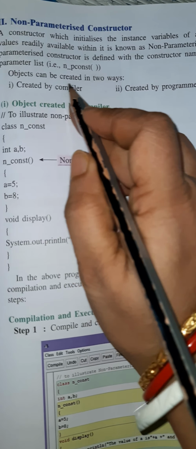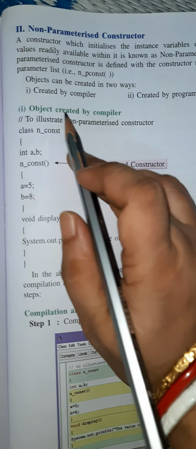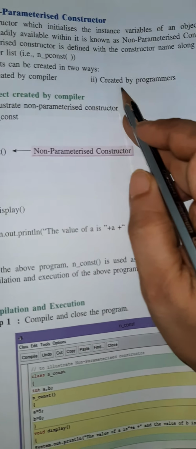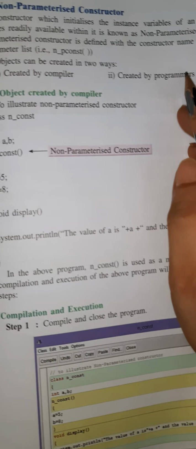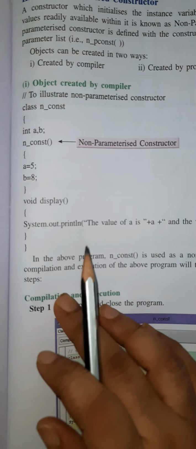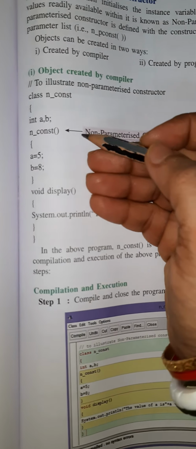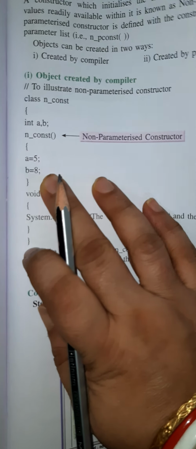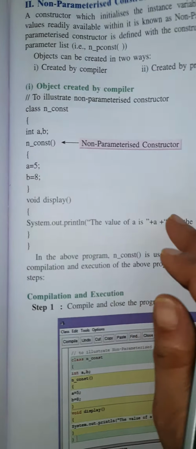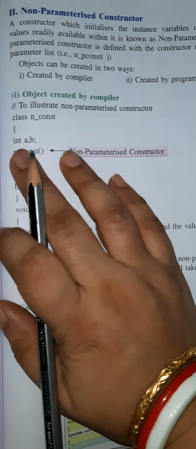The object can be created in two ways: by the compiler, or by the programmer. If we give a value while calling, it will take that value, or it will take it from this non-parameterized constructor we are creating.